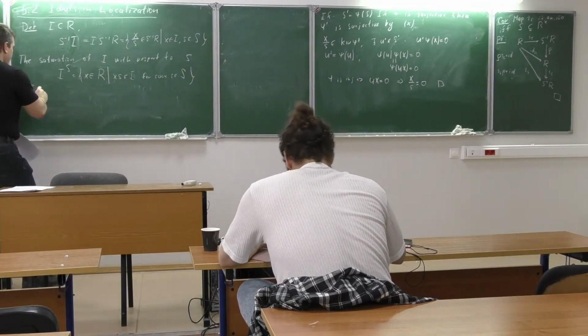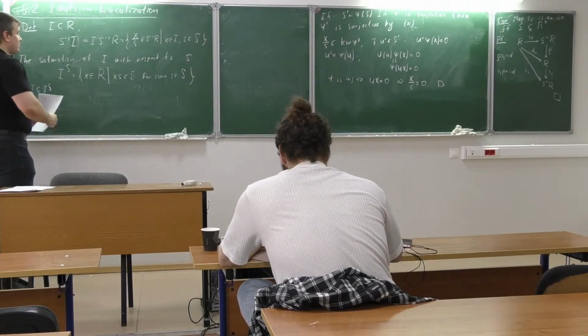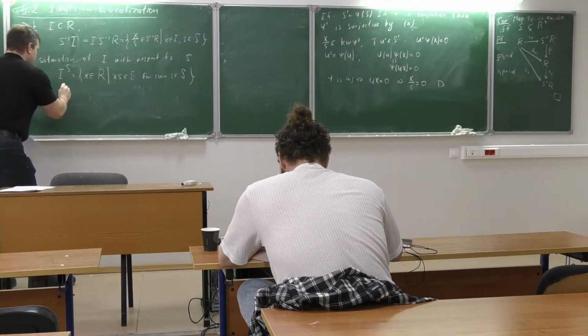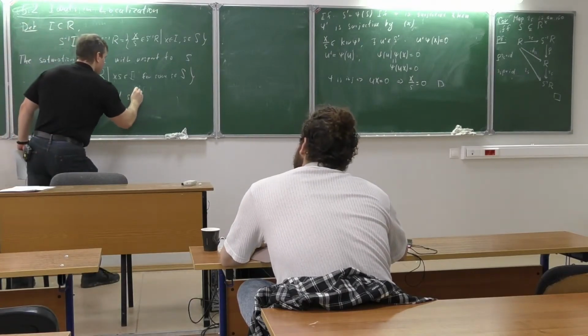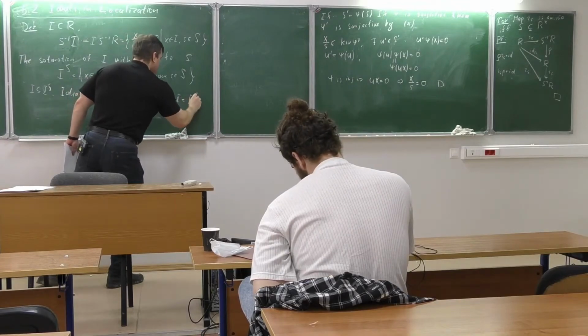So in general, I is contained in I^S. It's also easy to see that this thing is an ideal. So the saturation of an ideal is an ideal that contains the given ideal, and an ideal is called saturated, with respect to some multiplicative set S, if the ideal is equal to its saturation.